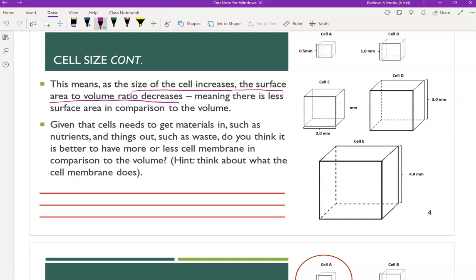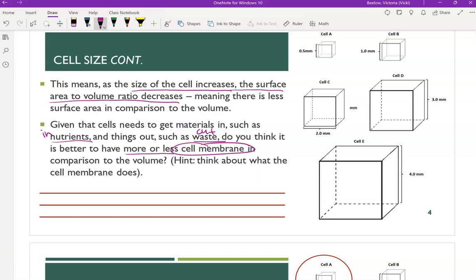And again, like I said, given that a cell needs to get materials in, such as nutrients, into the cell, and things out, such as waste, do you think it's better to have more or less cell membrane in comparison to the volume? Hint, think about what the cell membrane does. Well, if you remember from the organelles notes, the cell membrane is in charge of controlling what goes in and out of the cell.